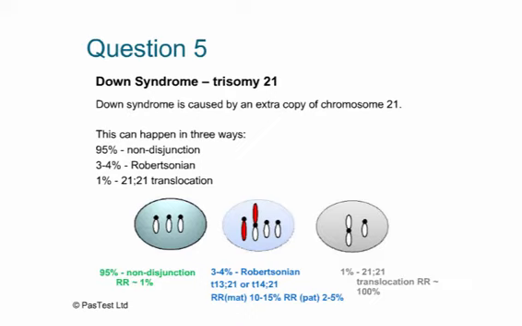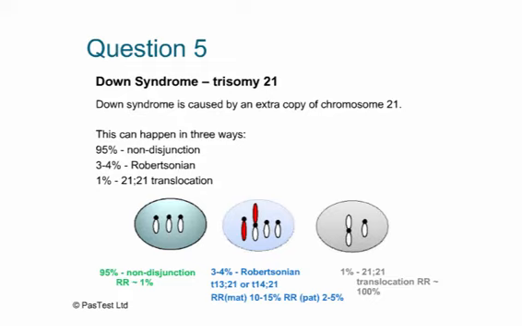That is, the chromosomes fail to separate normally at meiosis, when the egg or sperm has been produced, and so two chromosomes 21 are found in the egg or sperm, which is then fertilised, and a cell with 3 chromosome 21 results. In this situation, there is an increased recurrence risk, but the increase is only to a level around 1%. So couples that have a child with non-disjunction Down syndrome should be advised that there is a small increased risk of recurrence in future children, but that this risk is only around the 1% level.